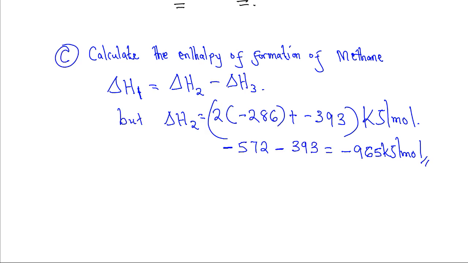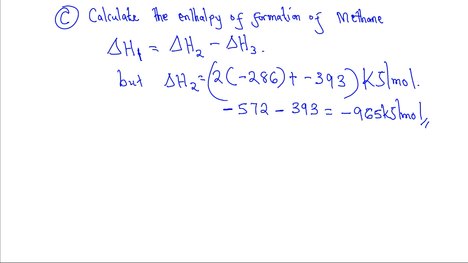Therefore, delta H1 will be minus 965 minus, it is minus, and then delta H3 also has a negative value. So that is minus H3. And remember, H3 involves combustion of 1 mole of methane, and that is negative 890.